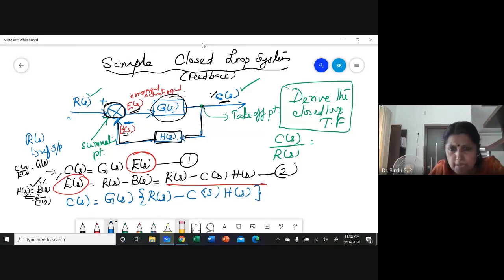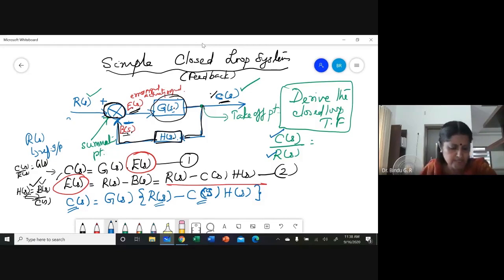Now remember to put s always inside the bracket. This is C(s), not s into C. Okay. Now what I want is the relation between C(s) and R(s) as the transfer function. Now here I have C(s) here and R(s) here.